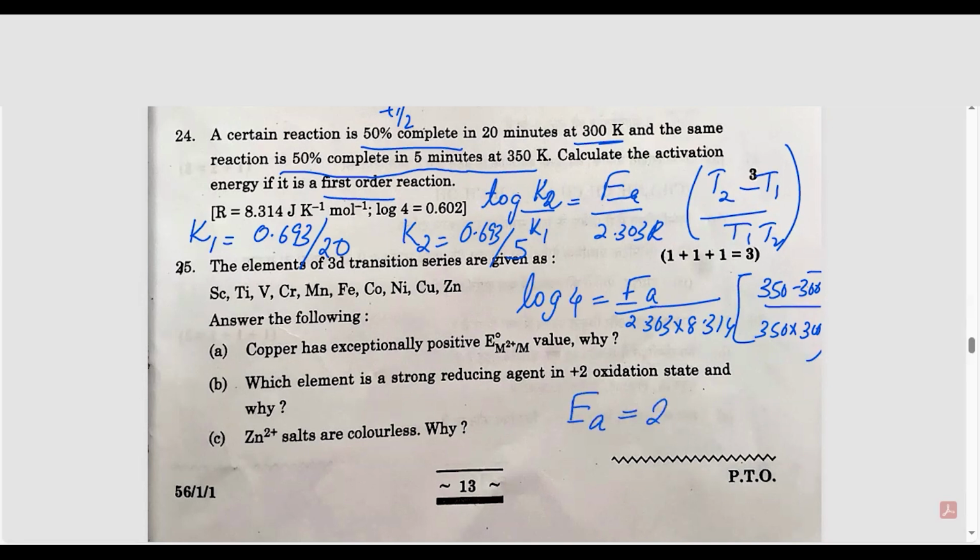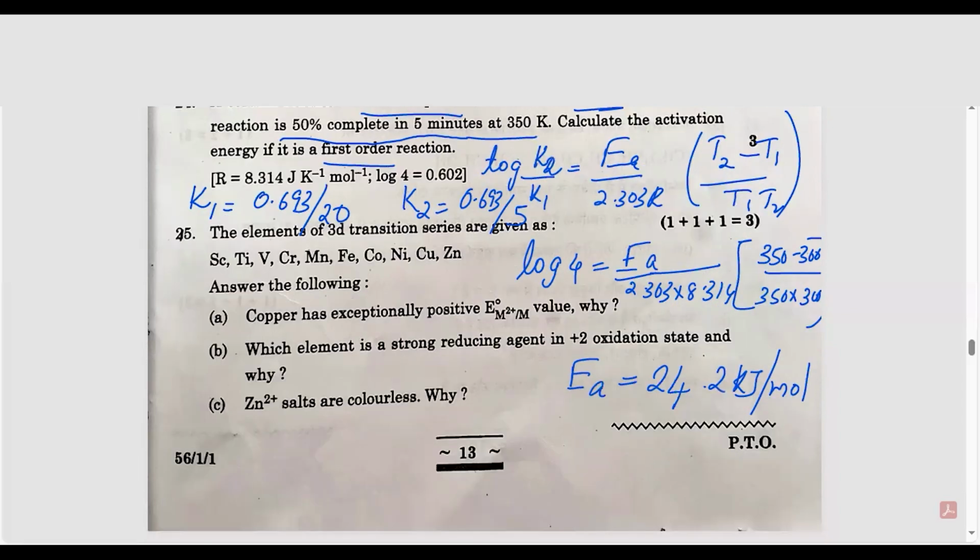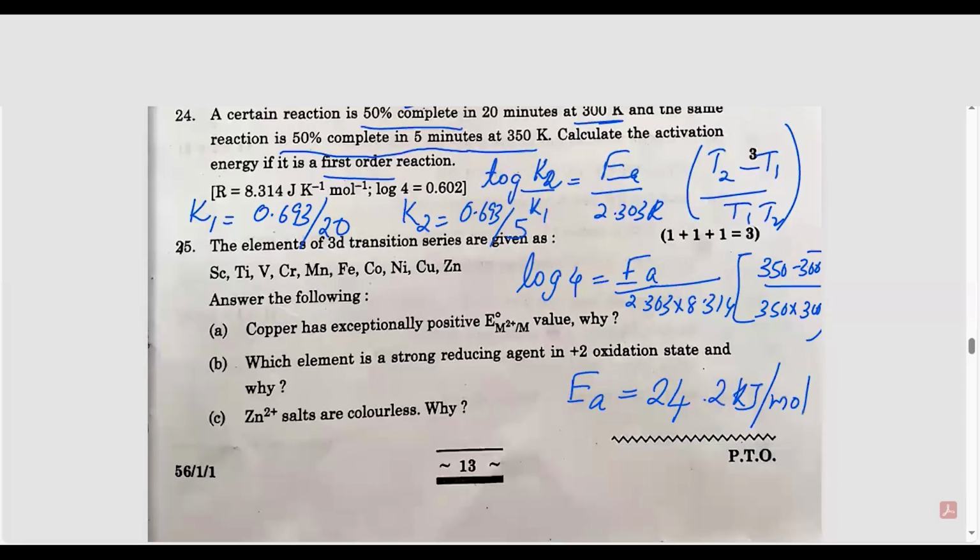You will get the calculation as 24.2 kilojoules per mole. First of all you must know this is a first order reaction and 50% complete means t half, so you can find the rate constants K1 and K2. Then we already know the activation energy equation. Substitute everything in the equation, direct answer.